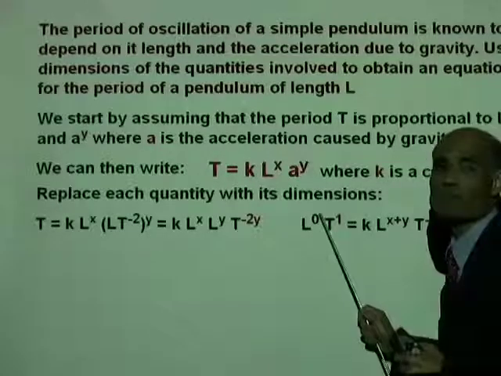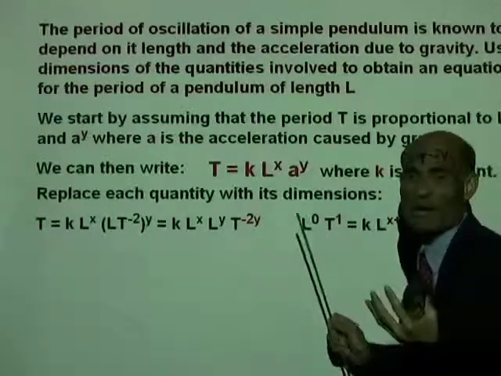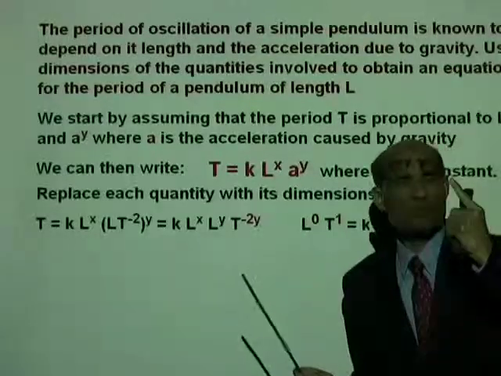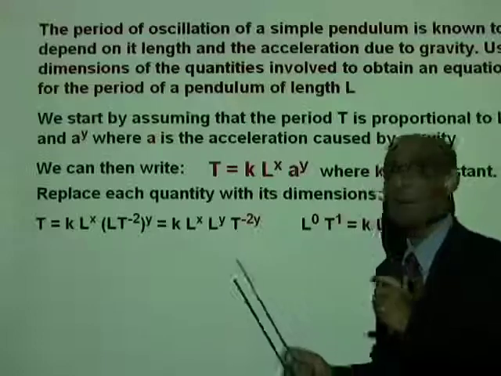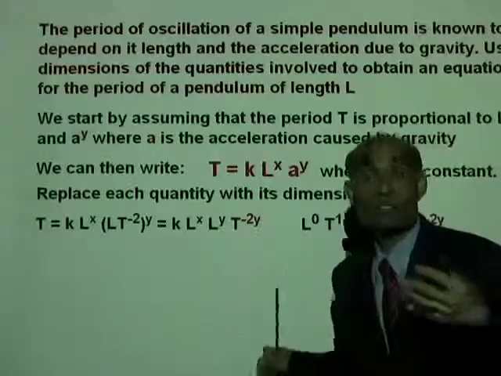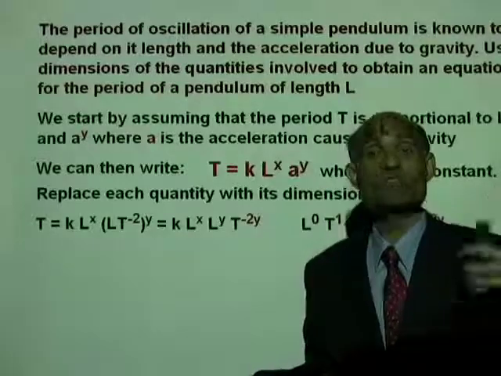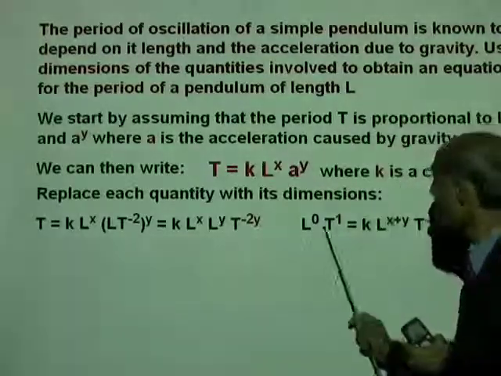Did you understand that? Well, I don't need to write L to the power of 0. L to the power of 0 is simply 1. I can as well write it as L to the power of 0, because anything to the power of 0 is 1. Now, why did I do that?